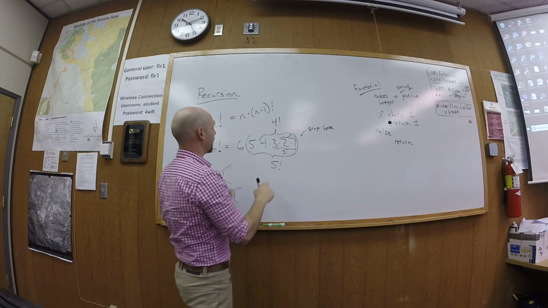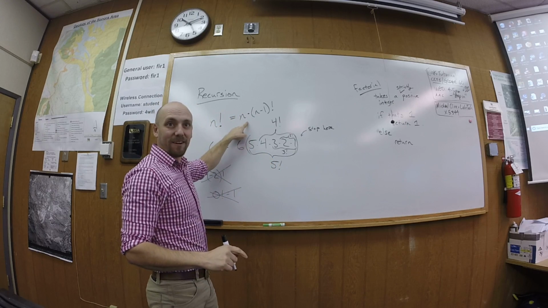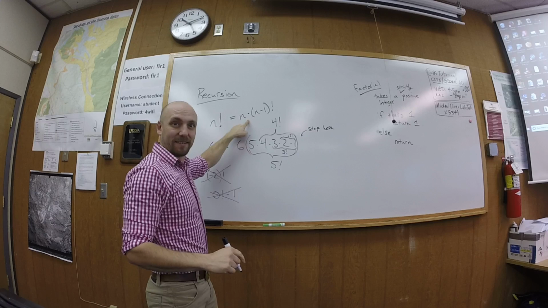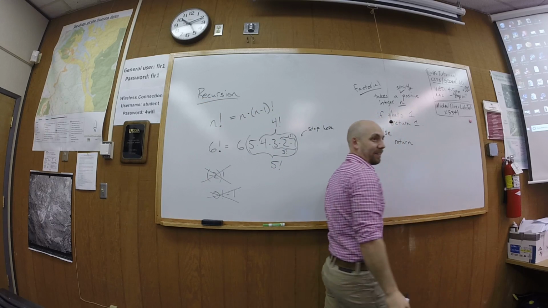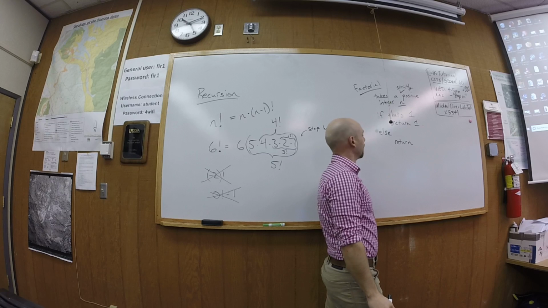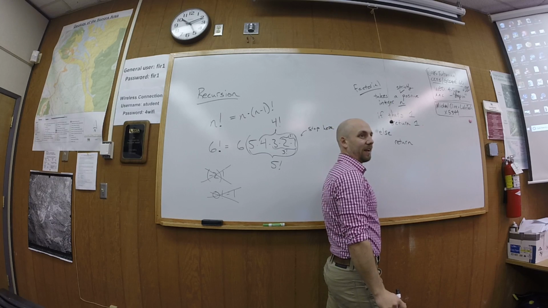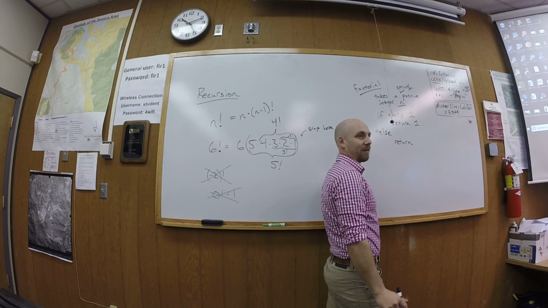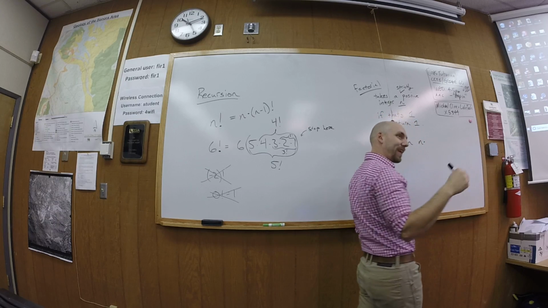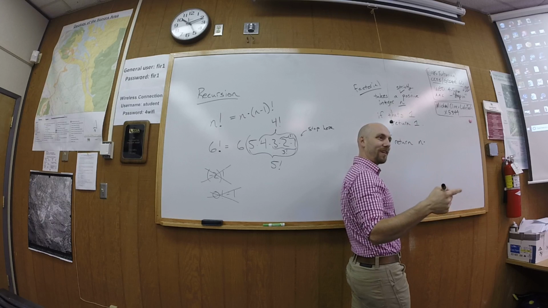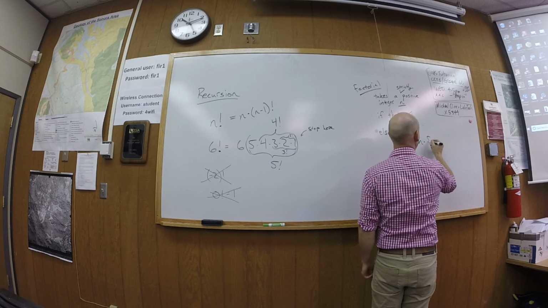Right, so what are you going to return? Take the number you're at. I'm going to call my strictly positive integer n, right? Return n times, not n minus 1, but n minus 1 factorial.